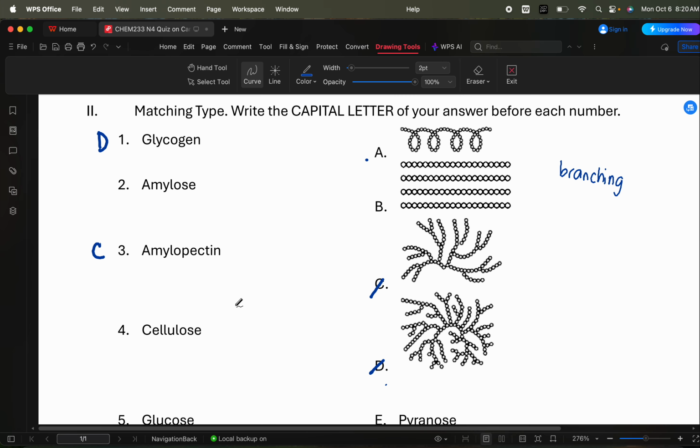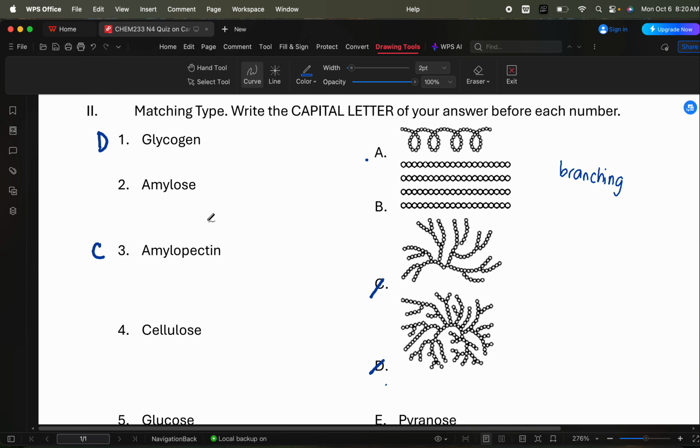And we're left with amylose and cellulose. We can think of it as a comparison between capacity to branch and the structure, or say the nature.